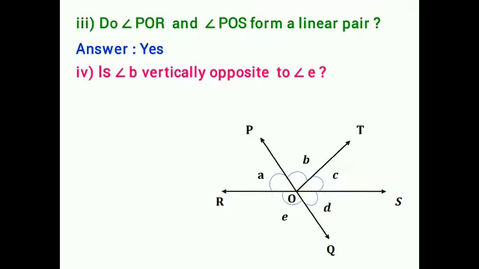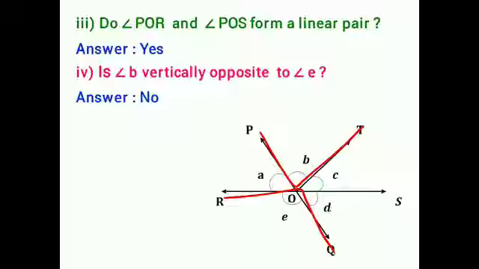So now next example, fourth one. Is angle B vertically opposite to angle E? So see here, the answer is no, because of angle B and angle E. Okay, so the concept of vertically opposite angles is that two intersecting lines form two pairs of vertically opposite angles.